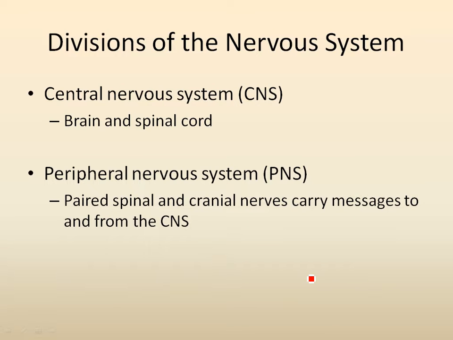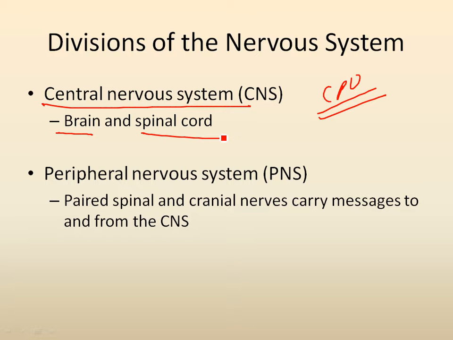So based on this information, we can now divide the nervous system into two. The central nervous system, which is the central processing unit, if you think of the body as a computer, consists of the brain and the spinal cord, which are responsible for the integration and form the command center.